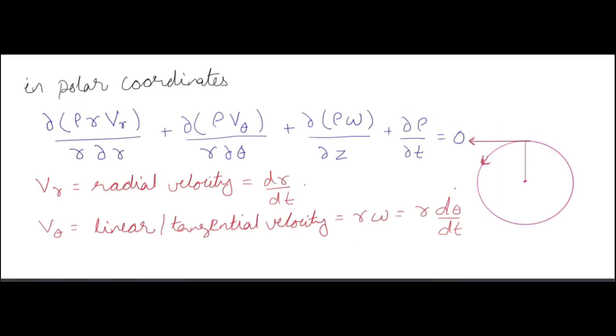This is the circular motion: this is the angular velocity, this is V theta, the linear or tangential velocity, and Vr is the radial velocity. So in polar coordinates, the generalized equation of continuity is this.